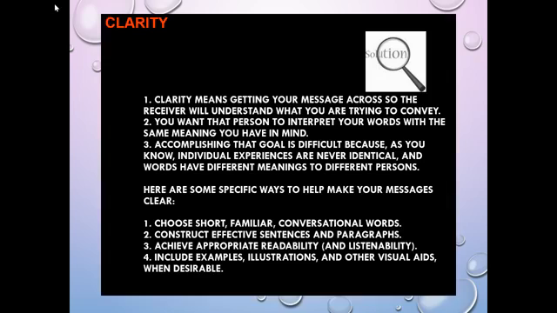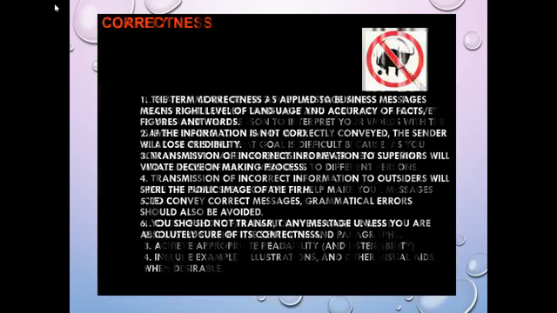There is not a single language that can make you transfer your ideas as they are in your mind. You can just go nearer, right? Use familiar words, short words, conversational words, effective sentences and paragraphs, listenability, words that are beautiful to listen to. Use illustrations, visual aids जैसे कि मैं कर रहा हूँ अभी, right?